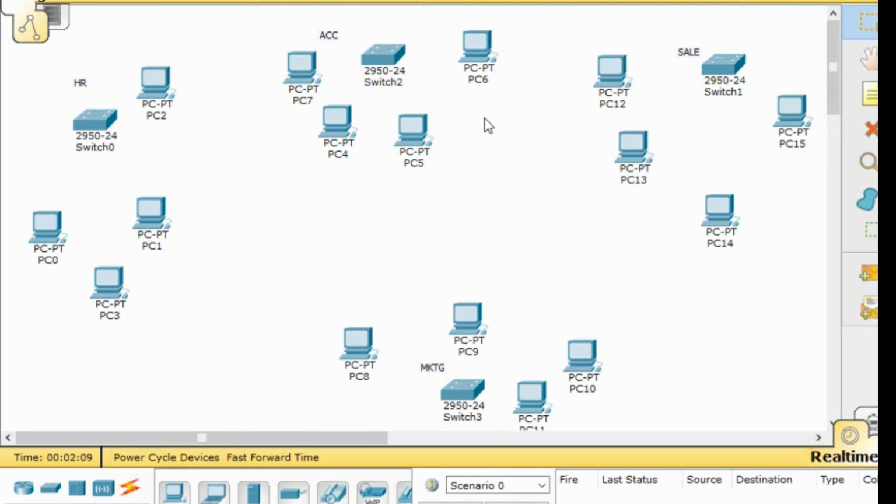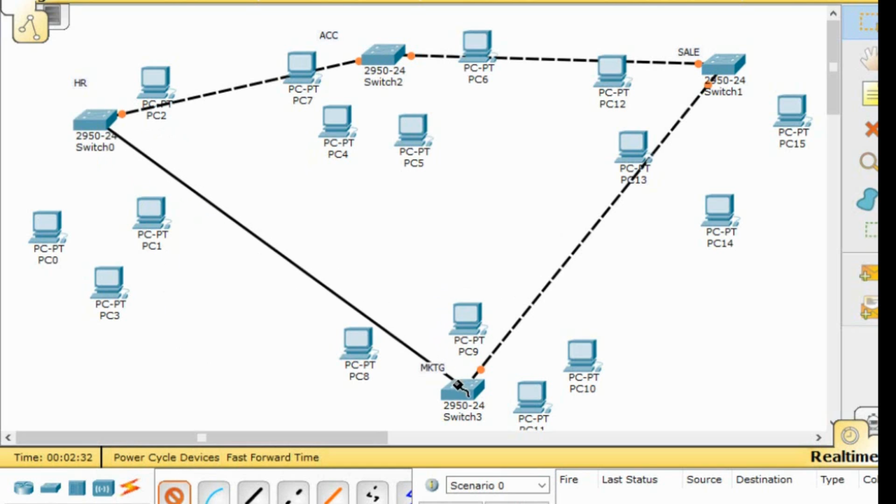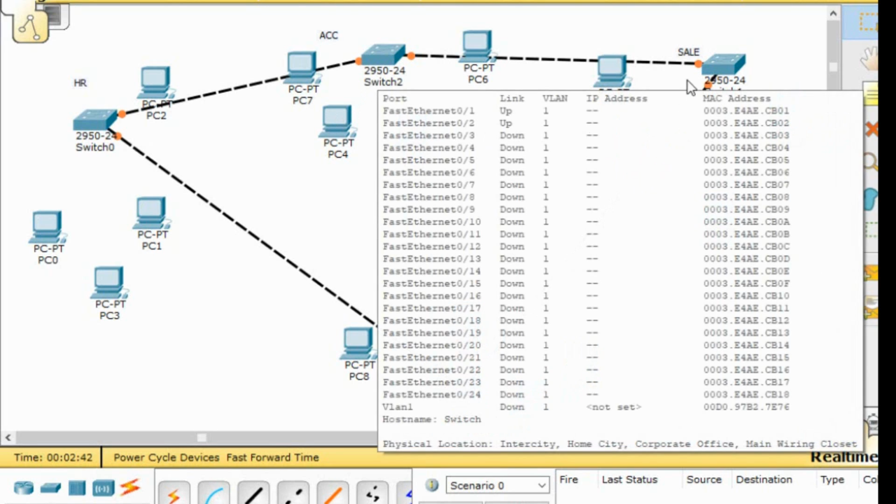So you can see I just made a group, which is obviously a multicast. That's what I want to explain. Now I'm going to get the cable from this switch to this switch, from this switch to this switch, and this switch comes here, connected. As you can see, it's one office: first floor, third floor, second floor, fourth floor.